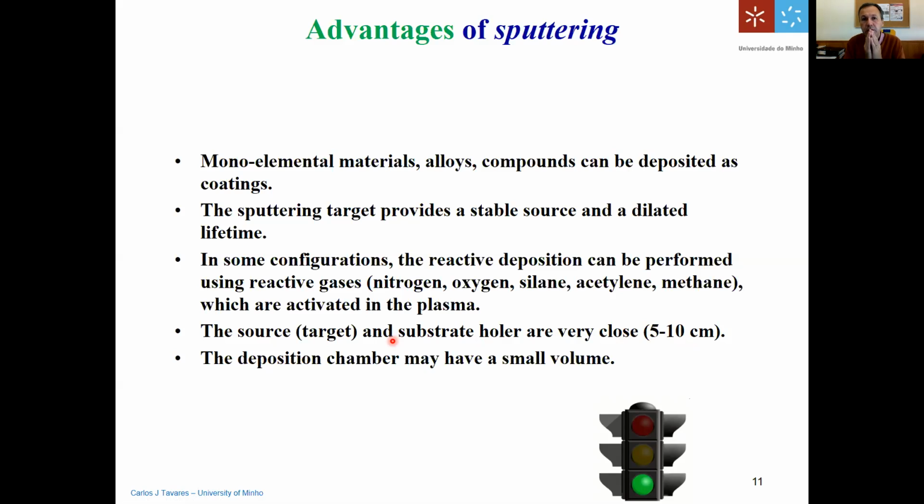And one other big advantage, which is perhaps not here but I should talk to you about, is that you don't use any chemicals. Okay, so it's a very environmentally friendly technique, because in this course I will be talking about production of films either from a chemical or a physical vapor process.